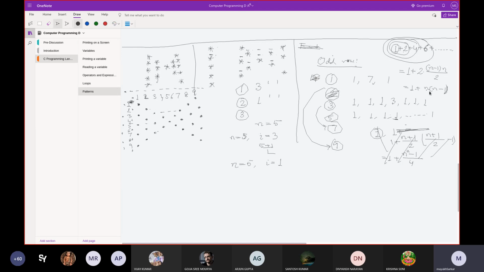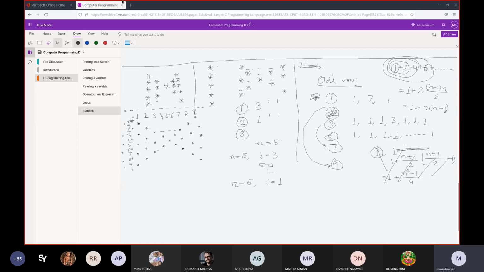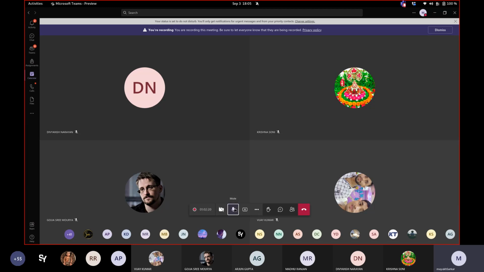Okay, so here n into n minus 1, this is the number of spaces we have found, but that should be in reverse direction. That's what is bugging me. Just wait 1 second.